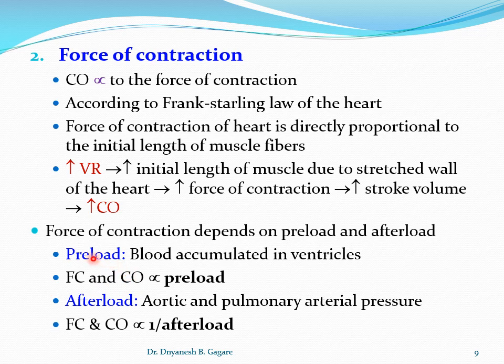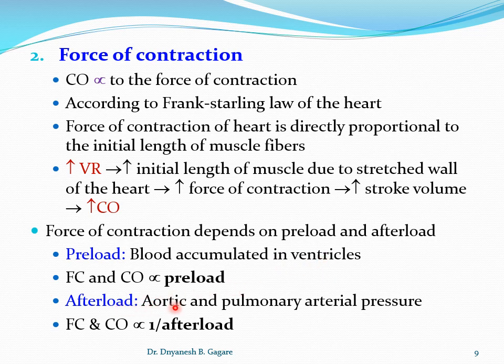Okay, now see, the force of contraction depends on the preload and afterload of the heart. So what is preload and what is afterload? Preload means blood accumulated in the ventricle.